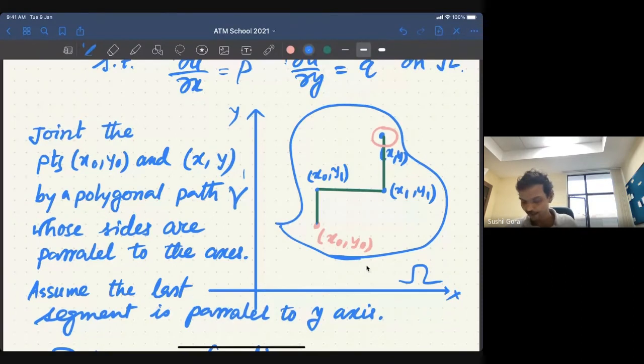So here this is a vertical segment that depends only on (x0,y0) and (x0,y1). After integration, it does not depend on y. These are constants.